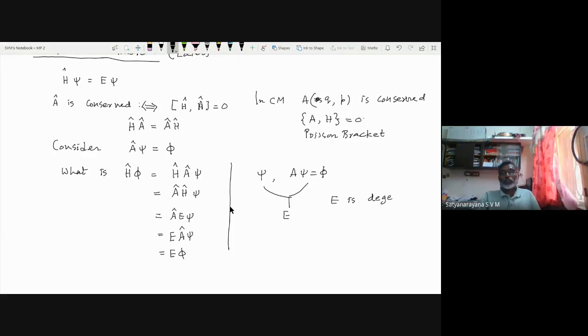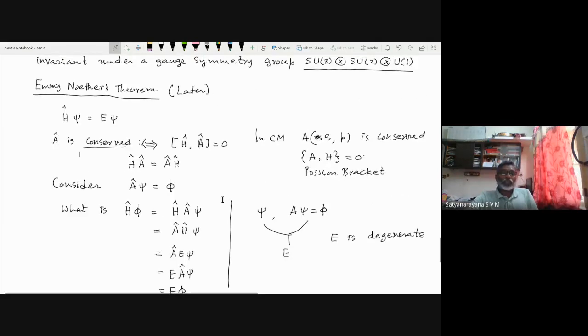E is degenerate. So a conserved quantity will always lead to degeneracy. Okay, so this is the connection between conservation and degeneracy. I'm just arguing this in a simple case, but more rigorous arguments can be given. I'm just trying to give a very simple argument to show you the connection.